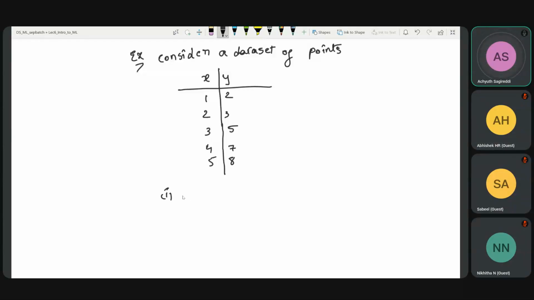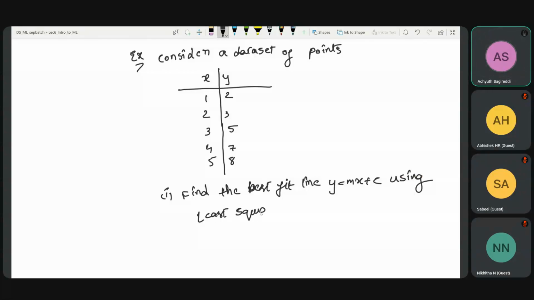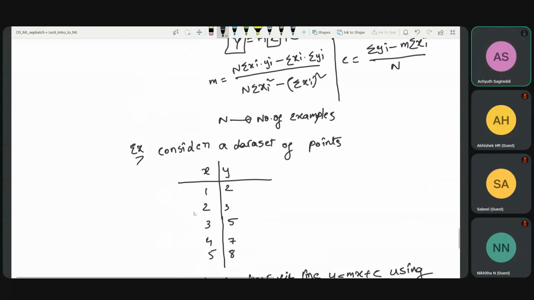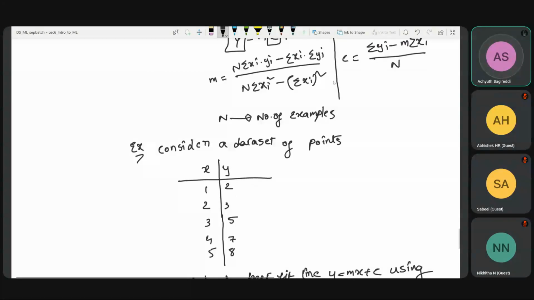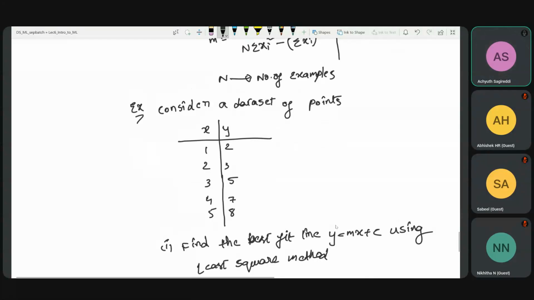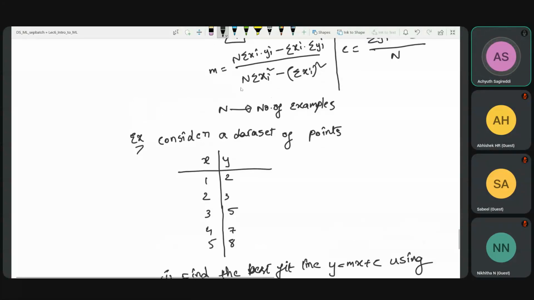The question is to find the best fit line y equals mx plus c using the least square method. For this we have to use the relations for m and c.